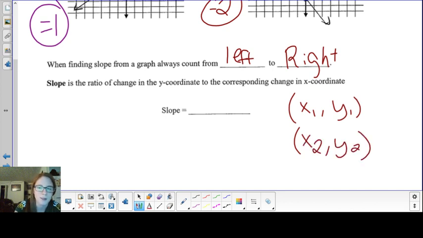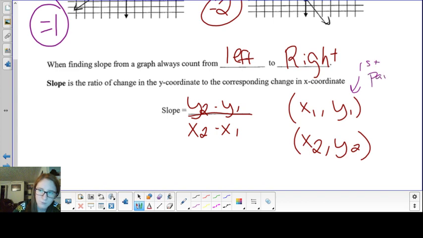My slope is y2 minus y1 over x2 minus x1. Now what this is saying by the subscript of 1 and 2 is this is the first pair of points I come across, and this is the second pair.